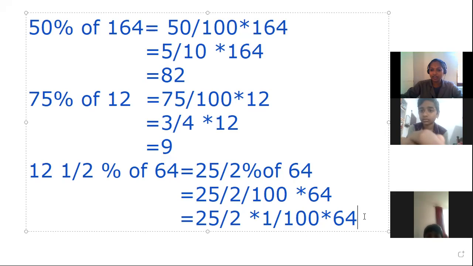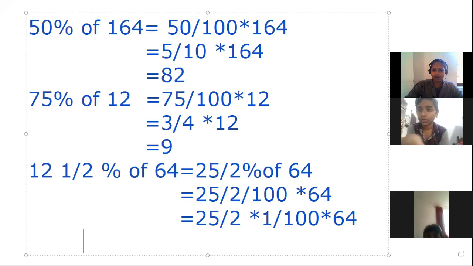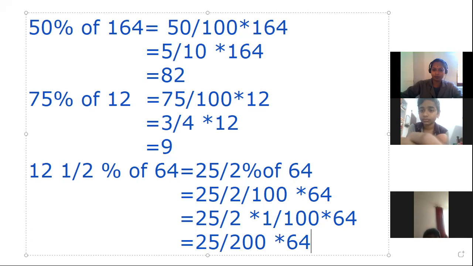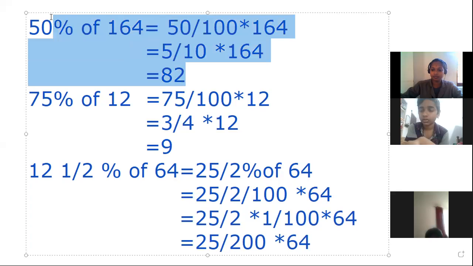25 by 200 means, we are multiplying the fractional parts, so numerators are 25 and 1, that means 25, divided by denominators 2 into 100, which is 200. 25 by 200 into 64. 25 by 200 can be simplified as, how many 25s are in 200?